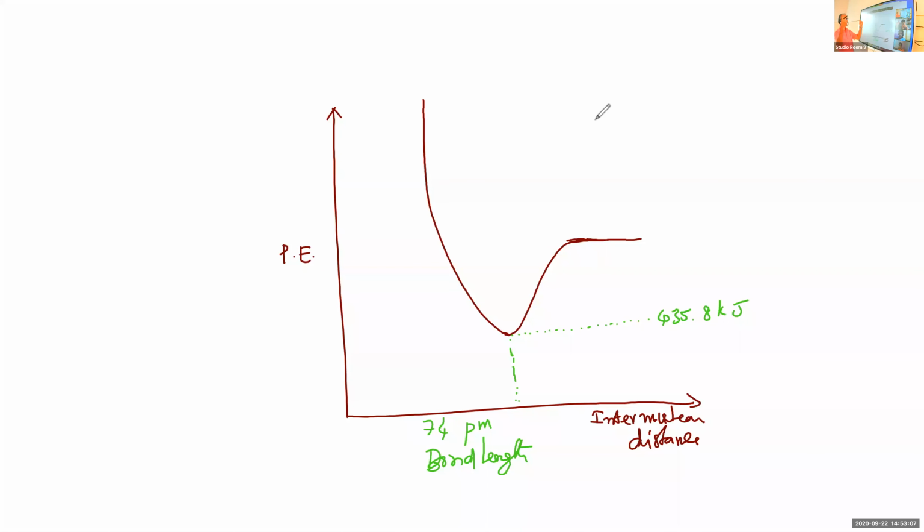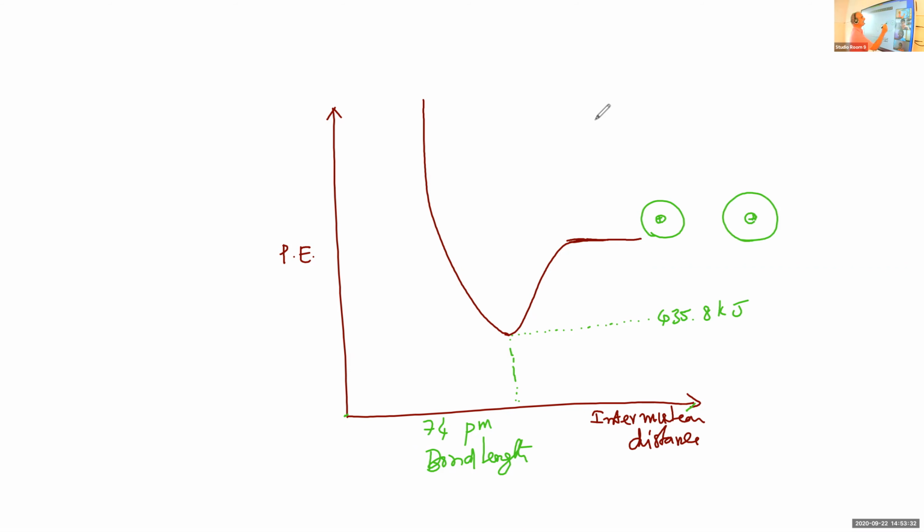Naveen? Why is it from right to left? See, internuclear distance increases from left to right. The arrow mark is there. You look at the arrow mark. See, atoms are here, far distant. Here there is the nucleus of one atom, here there is a second atom.